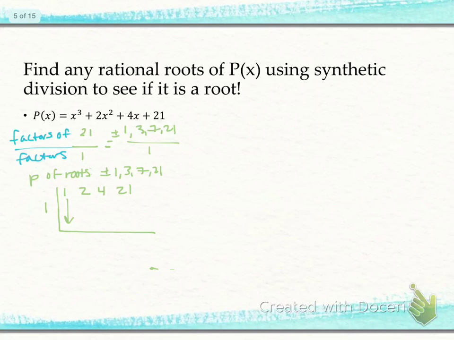Remember, we always drop the first one, we multiply outside, add inside, so 1 times 1 is 1. And add inside, so 2 plus 1 is 3, multiply outside, add inside, multiply outside. That does not give me 0 here. That gives me a remainder. So I need to pick a different number that's not going to give me a remainder right there.